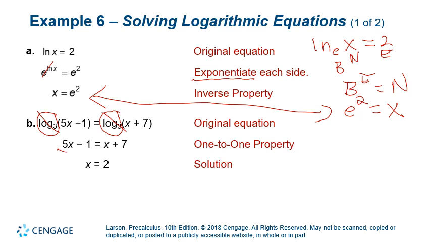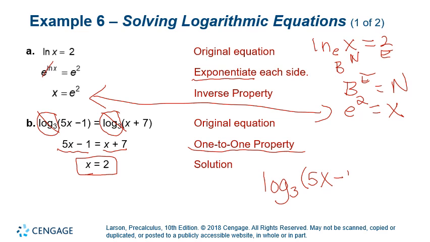And we can merely set these pieces equal and solve for x using the one-to-one property. Now, if you had this, you could not use that one-to-one property because you do not have that log term on the right-hand side.